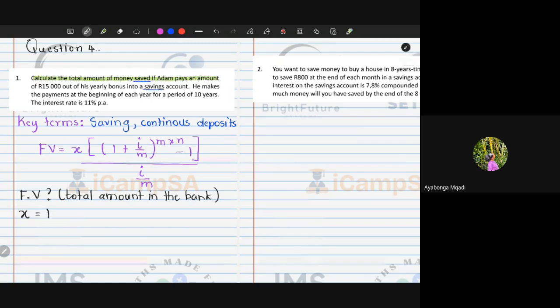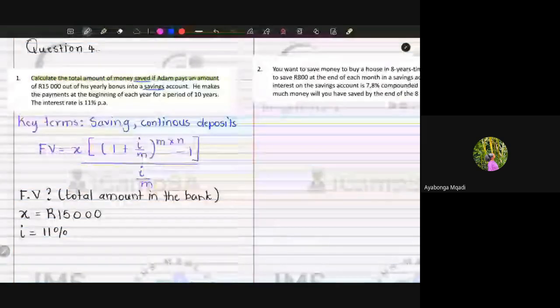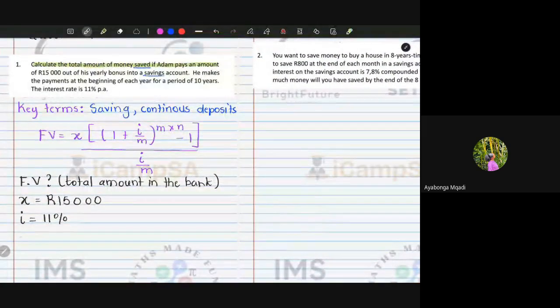But if you read the statement, you will see that X is 15,000 rands. And what is I, guys? What is the interest offered? It's 11%, isn't it? And this one I'm very interested in. What is the compounding period? Read this carefully, guys. I think it's 1. Why is it 1?